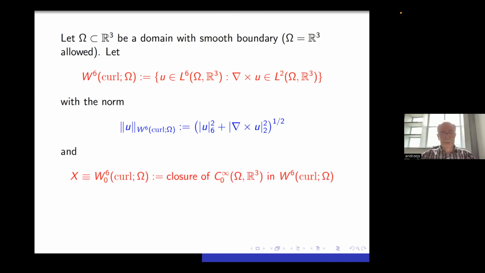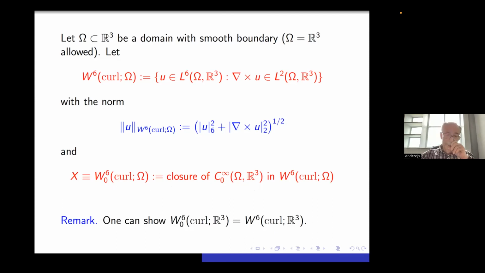But also another space which will be important is W_0^6, which is the closure of C_0 infinity in W6. And what one can show is that W_0^6 and W6 coincide on R3.